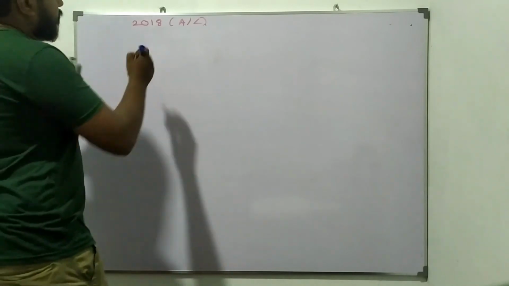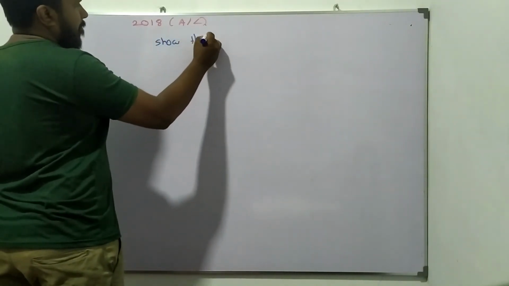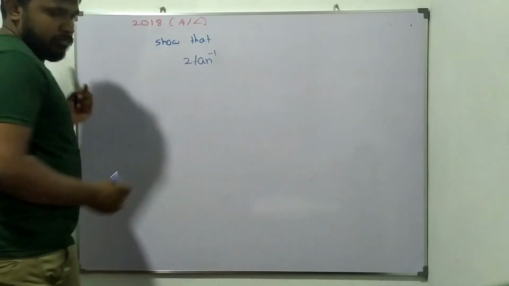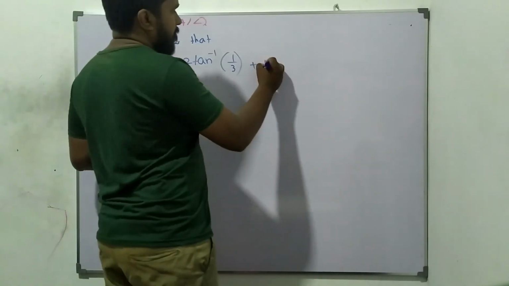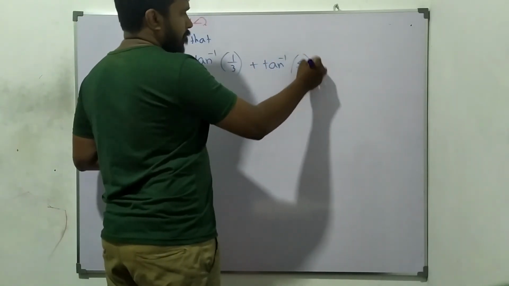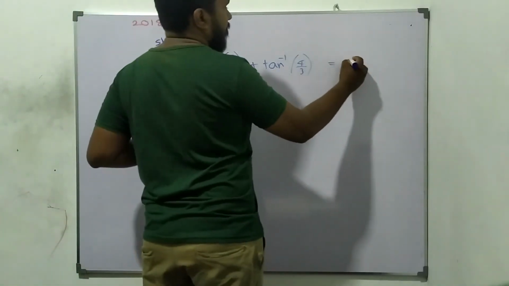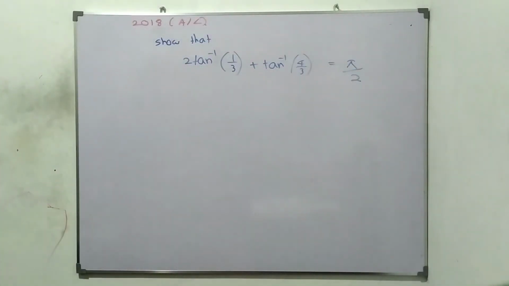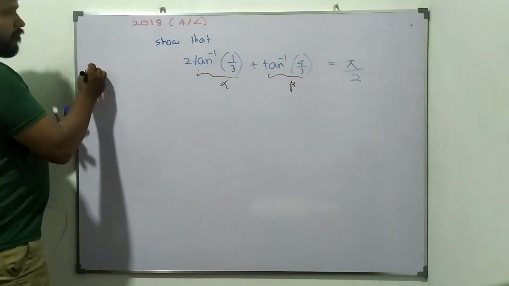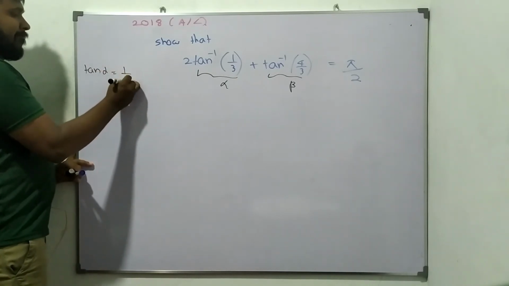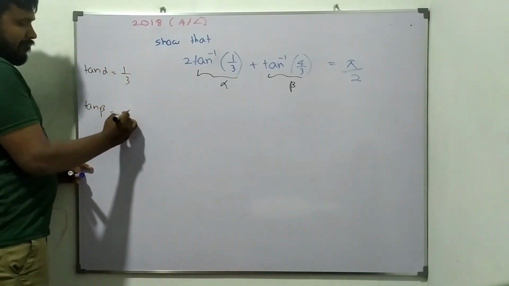Okay, now I'm moving to the A-level paper corrections. 2018 A-level paper correction. It's 2 alpha plus beta equal 90. We have to show that, right? So you can start from the left hand side.